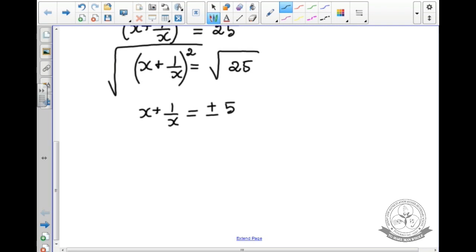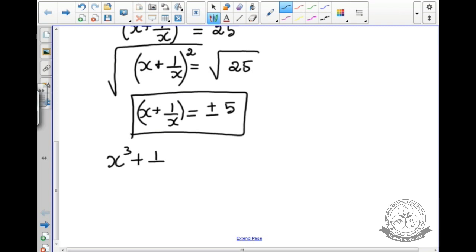Next we want to find x cube plus 1 by x cube.